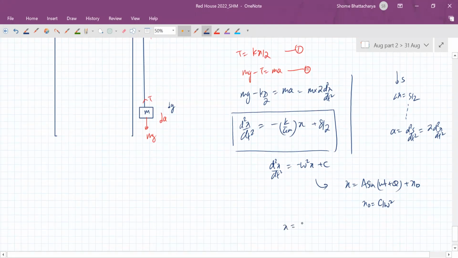So x here will be some amplitude plus, now you can see x naught will be this term divided by this omega square. So it will become 2mg by k.